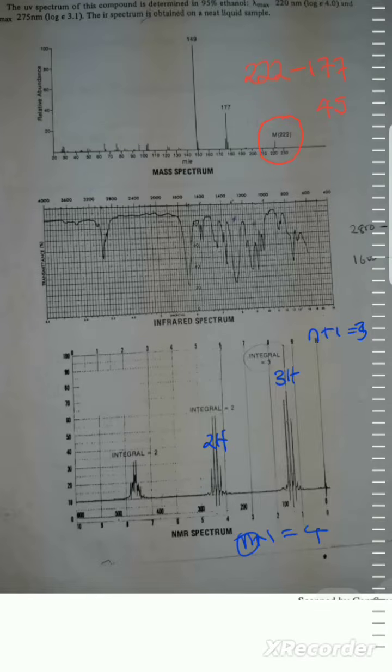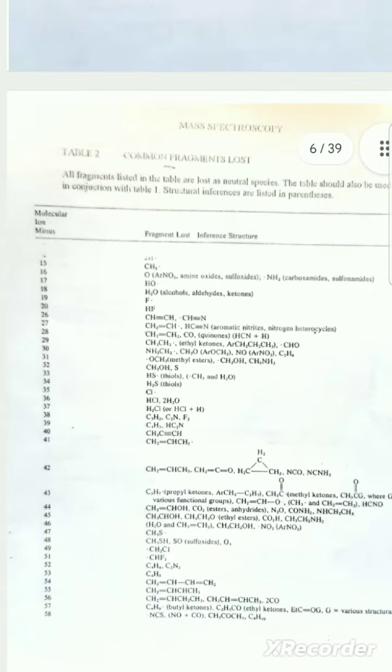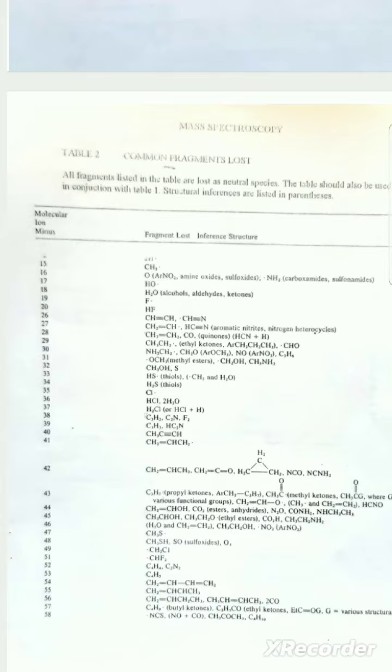So this is the manual of common fragments lost. I'm going to the 45, the one I found when I said 222 minus 177. So where is 45?